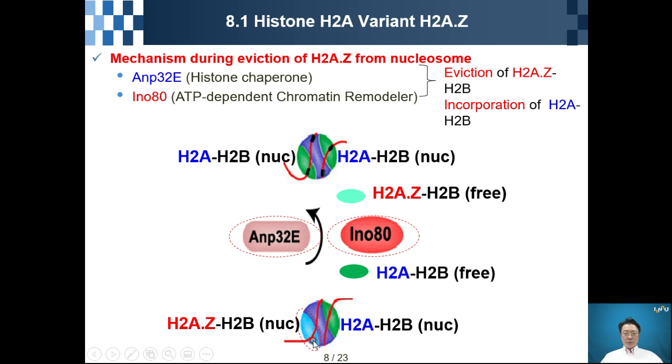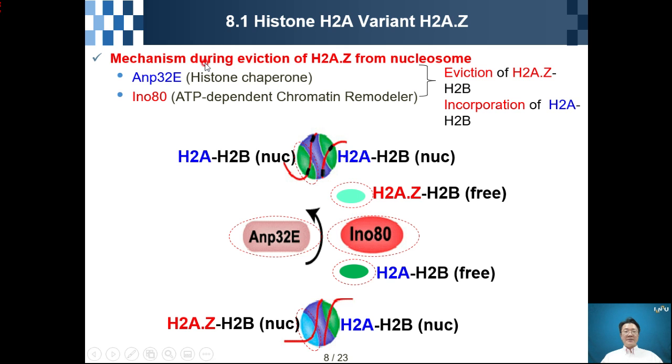First, the eviction of H2AZ H2B happens. This one can be evicted like this, and it becomes H2AZ H2B in the cytoplasm. After that, incorporation of the H2A H2B dimer happens. This is the H2A H2B dimer in the cytoplasm, and it can be incorporated into the nucleosome.